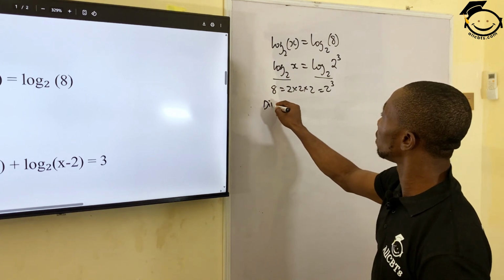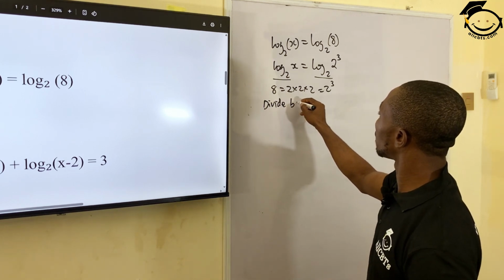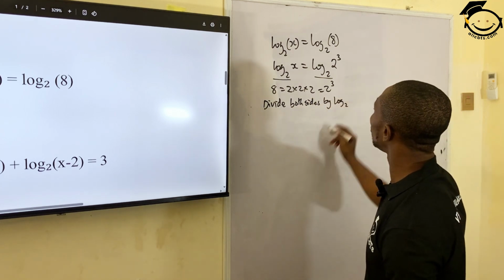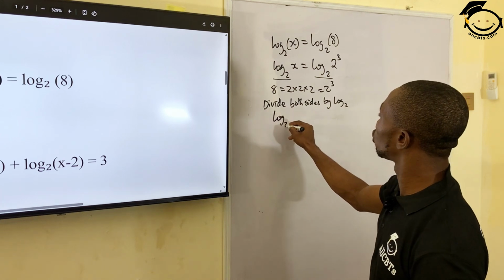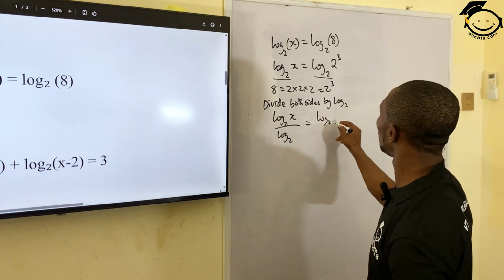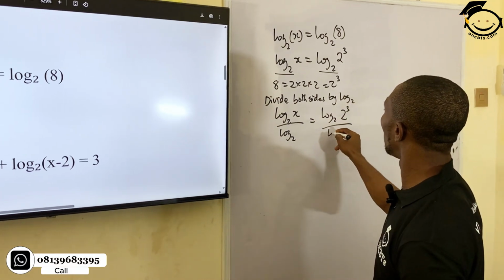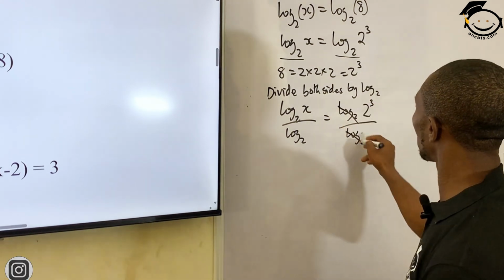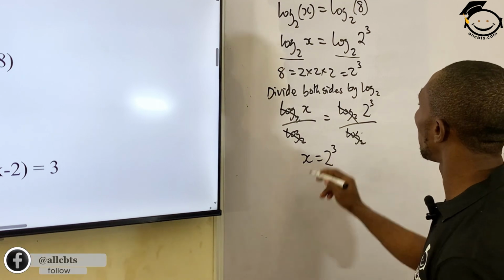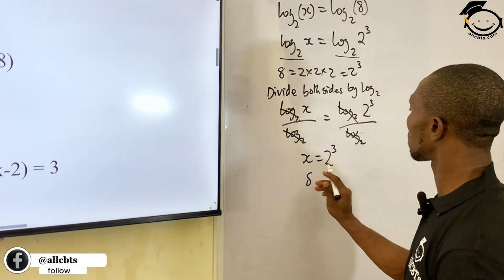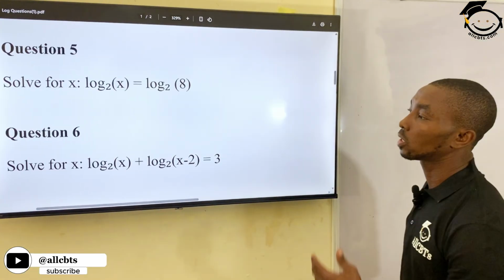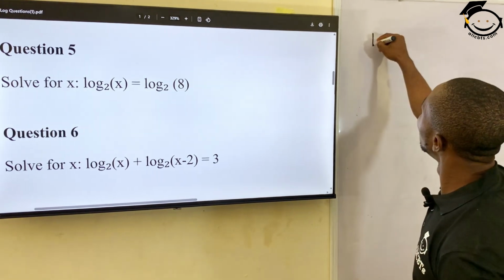Dividing both sides by log 2, this cancels, giving us x equals 2 raised to power 3, which is x equals 8.